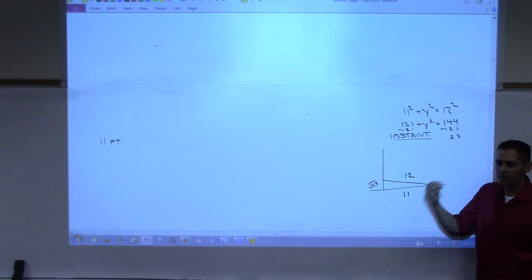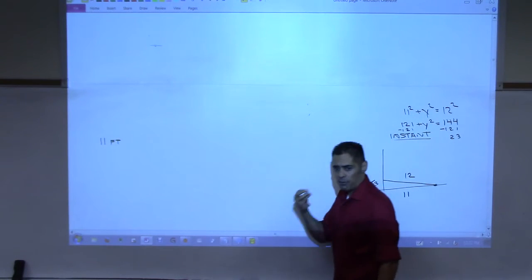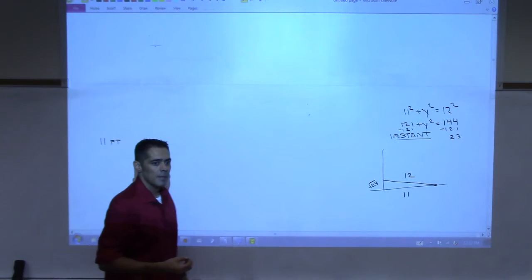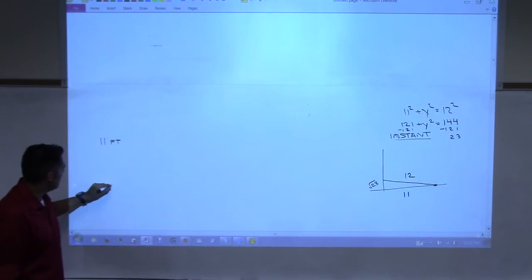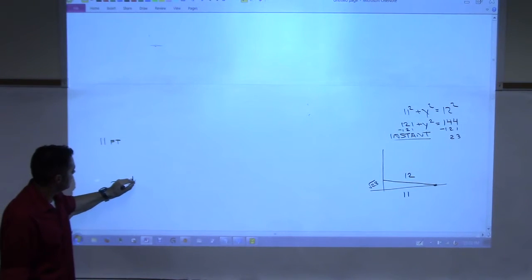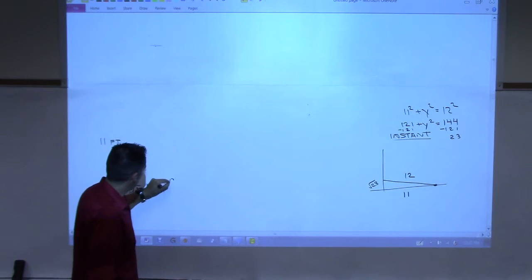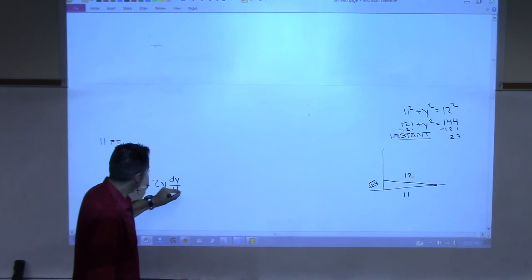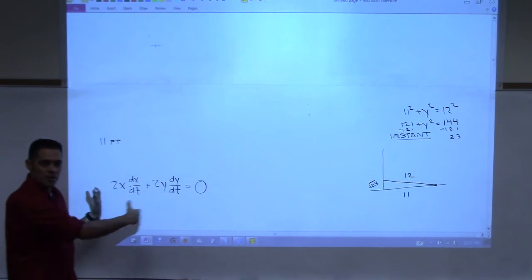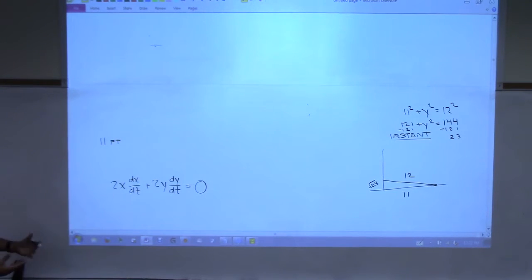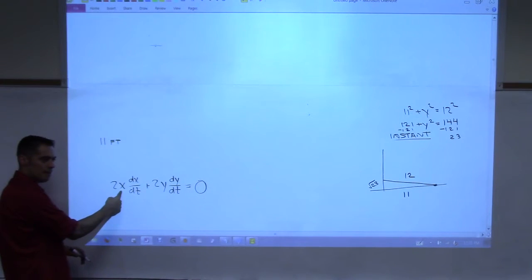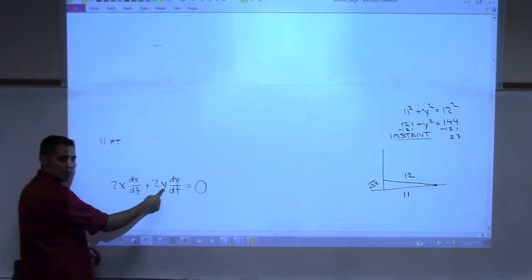We're still going to use the same equation. We're still going to differentiate it the same way. And so we're still looking at 2x dx/dt plus 2y dy/dt equals 0. That's still the equation I'm going to use. The only difference is that x is now 11, and y is root 23.